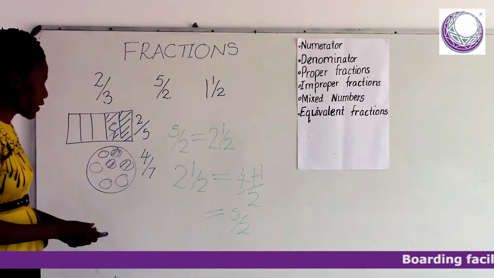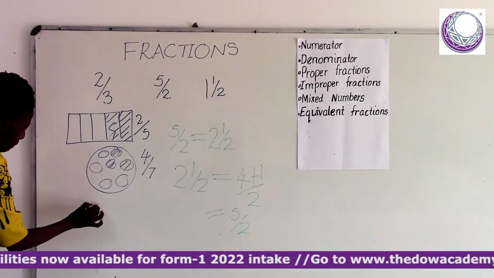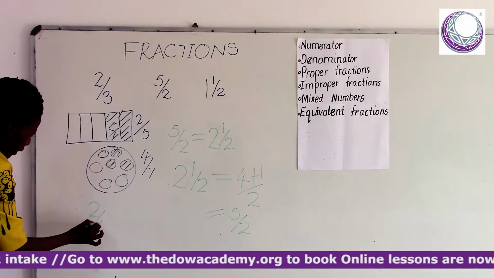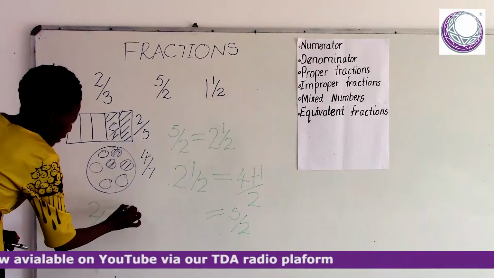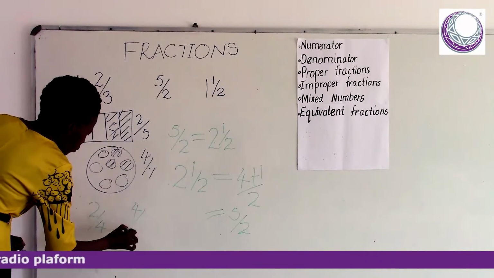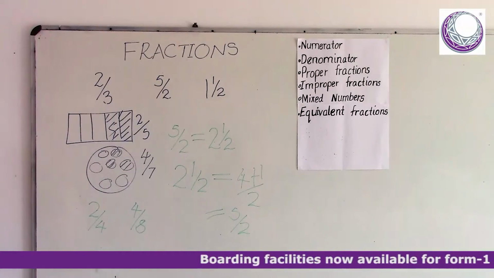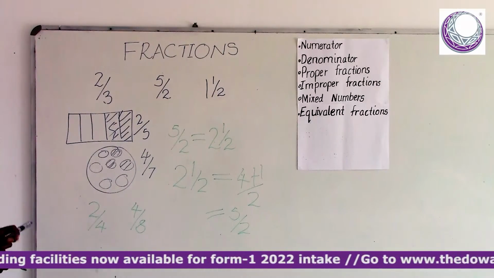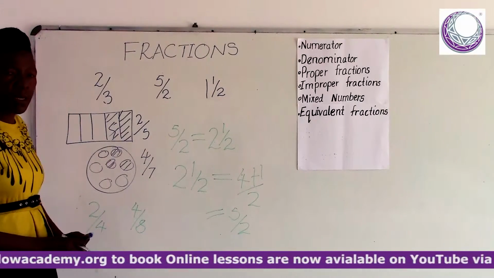Okay, I'll give some examples here. I have 2 out of 4. I also have 4 out of 8. I have considered these two to be equivalent fractions. I've considered them to have the same value. Why am I saying so?